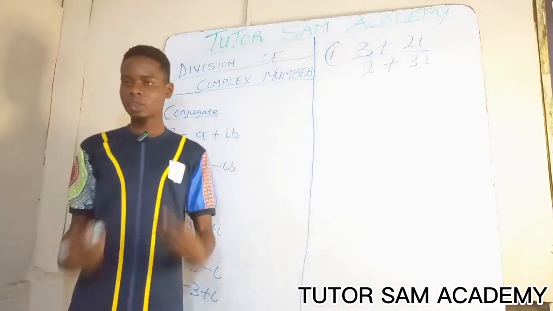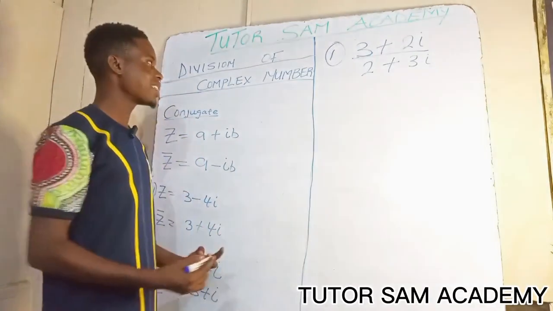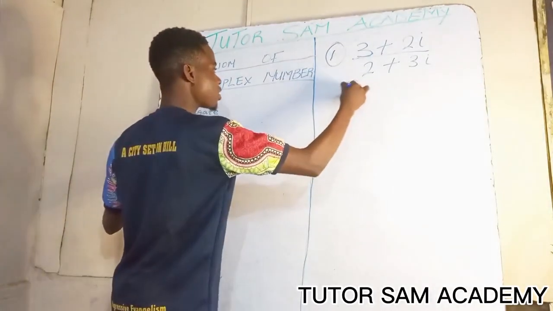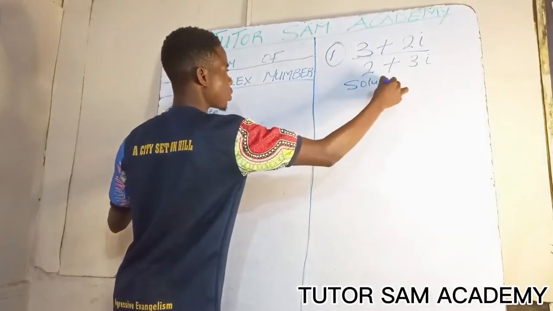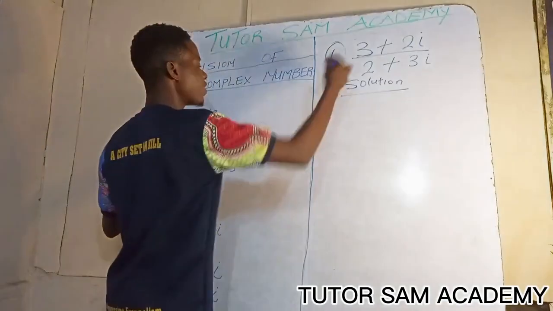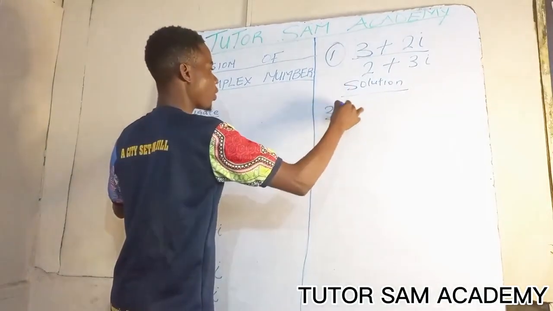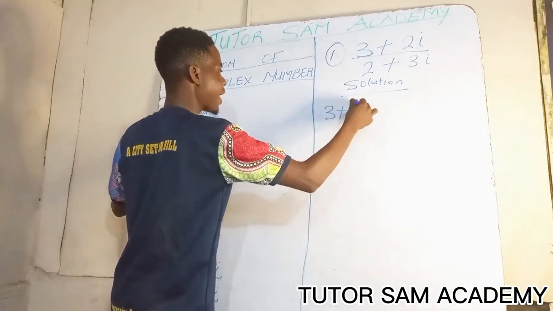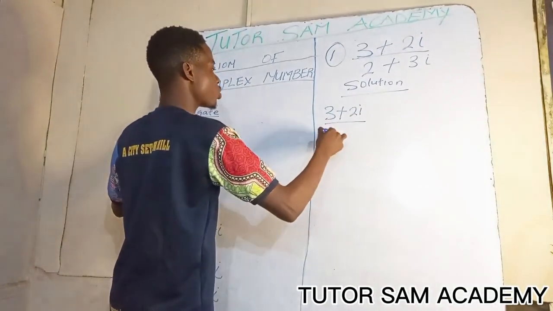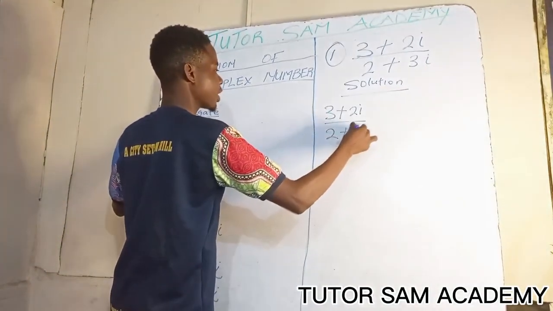Now, how do we divide complex numbers? Solution: when you are dividing, you have 3 plus 2i divided by 2 plus 3i.